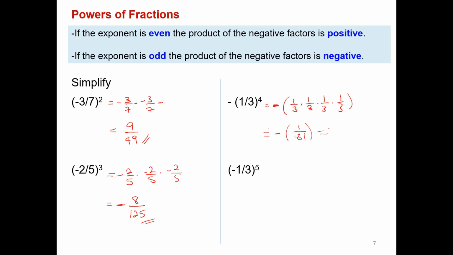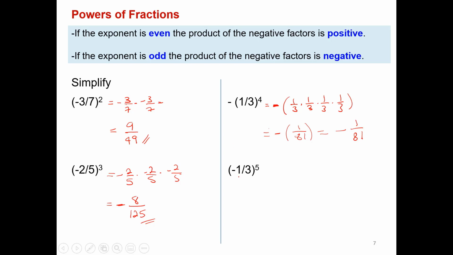Then the final answer is negative 1/81. In this case, so you don't get confused, even though we had an even exponent, the answer is negative because the negative sign is not part of the base.